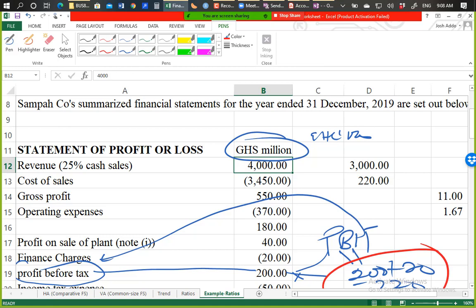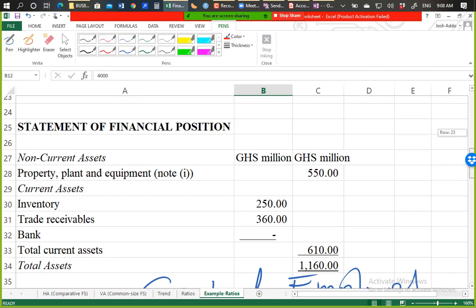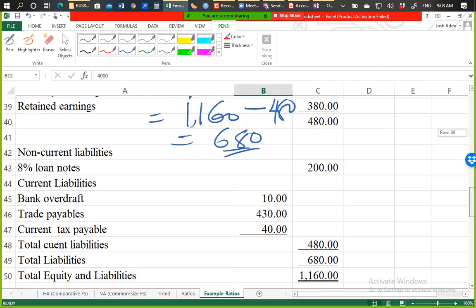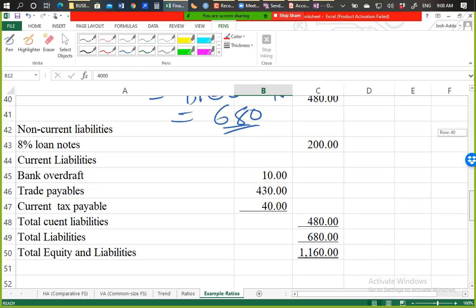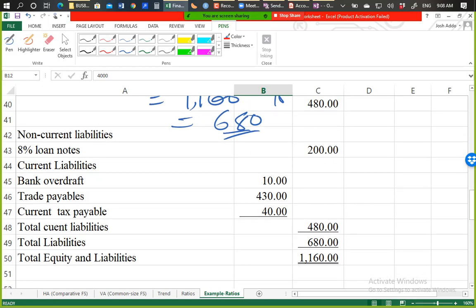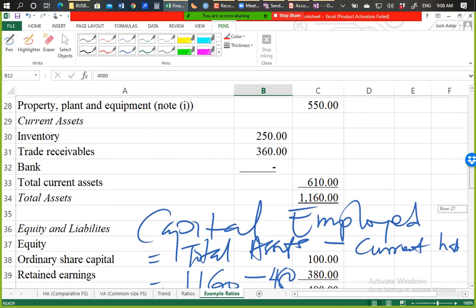Now let's calculate once we know the formula. The receivables figure in the balance sheet is trade receivables. Do we have trade receivables? Current assets. Sorry, let's go to the current assets section.